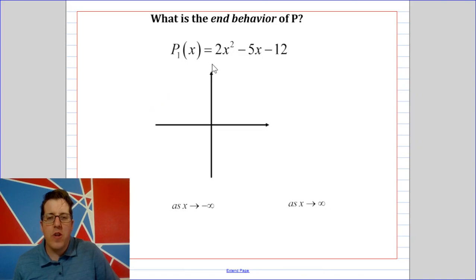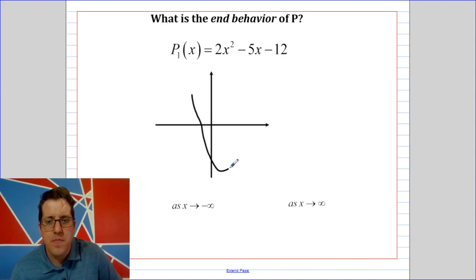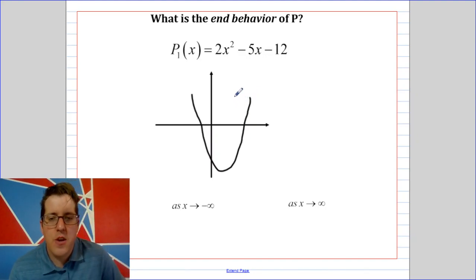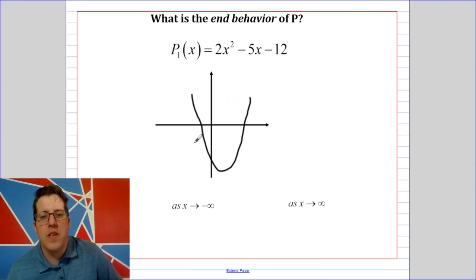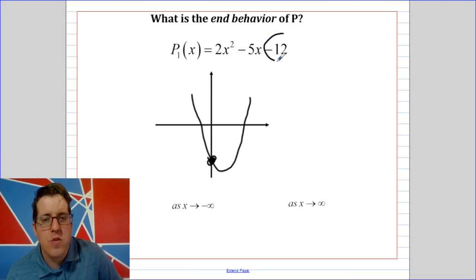So we're starting with a function that we know how to graph. This is a quadratic trinomial, and we know that it has to look something like this. The reason that I know that it has to look something like that is because the y-intercept corresponds to the constant term.